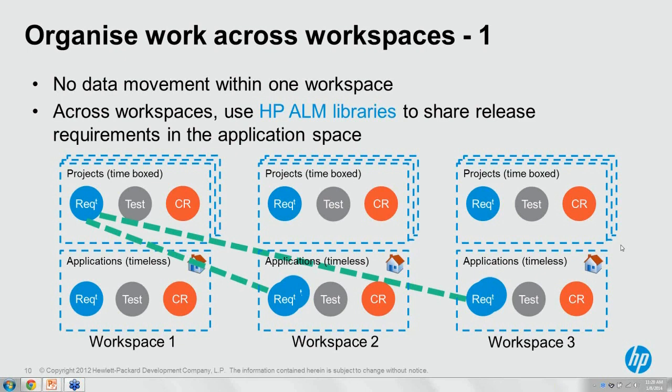We put the cursor to say, as soon as you have more than 2 projects per year in common between 2 applications, that's a signal that we need to have those 2 applications in the same ALM workspace. So that's how we determined the workspaces.